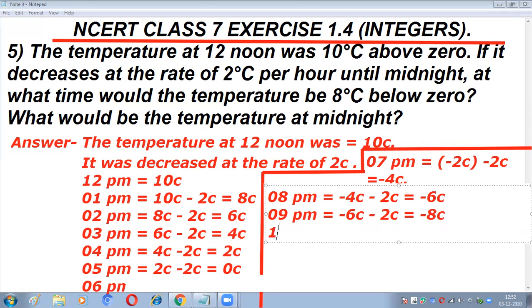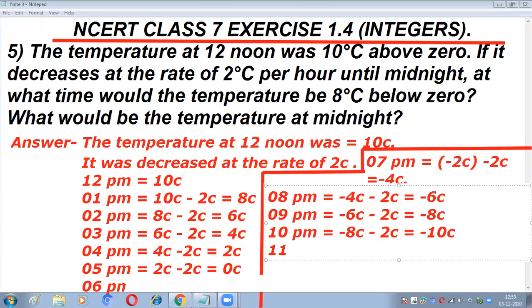Now 10 p.m. is equal to minus 8 degrees Celsius minus 2 degrees Celsius, which is minus minus is plus, 8 plus 2 is 10, and we will as usual give the sign of negative: minus 10 degrees Celsius. Now 11 p.m.